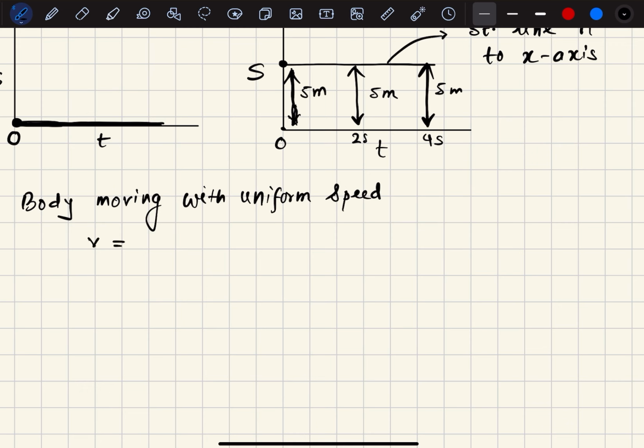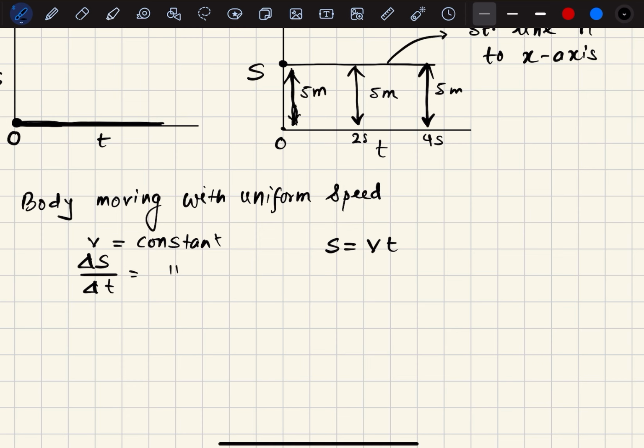So if v is constant, what does that mean? Change in distance by change in time is constant. What does this mean? Again I'll ask you, what does this mean? If velocity is constant, then can I write s is equal to v into t?